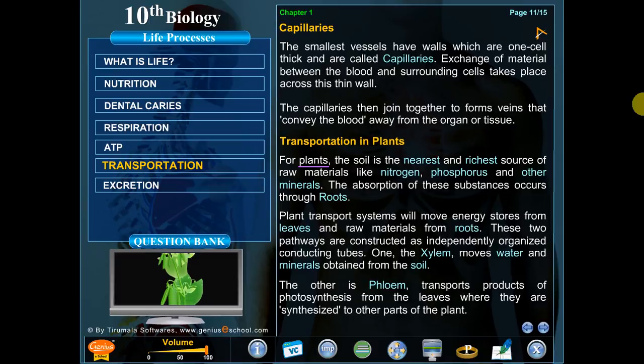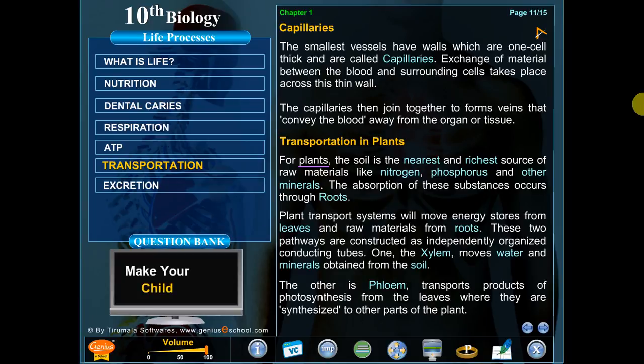Transportation in plants. For plants, the soil is the nearest and richest source of raw materials like nitrogen, phosphorus, and other minerals. The absorption of these substances occurs through roots. Plant transport systems will move energy stores from leaves and raw materials from roots.